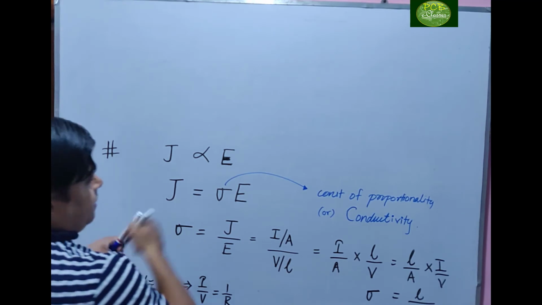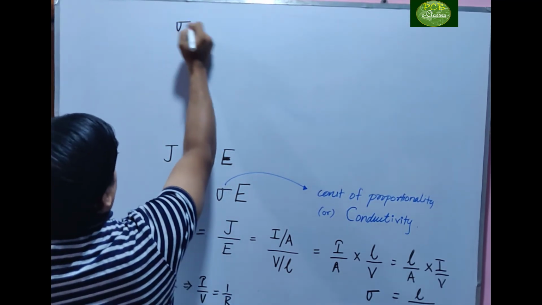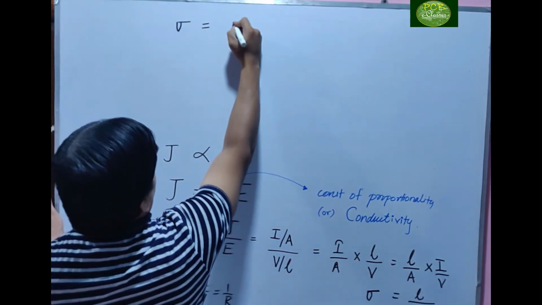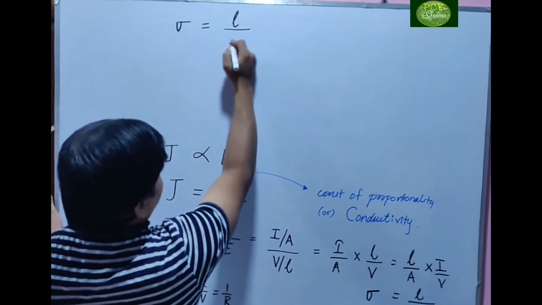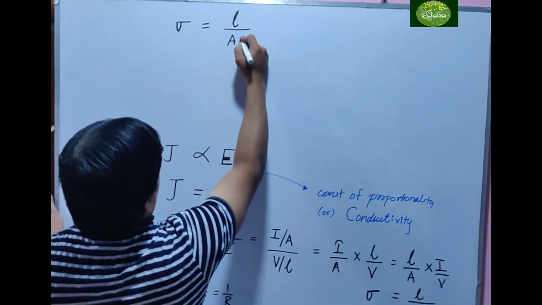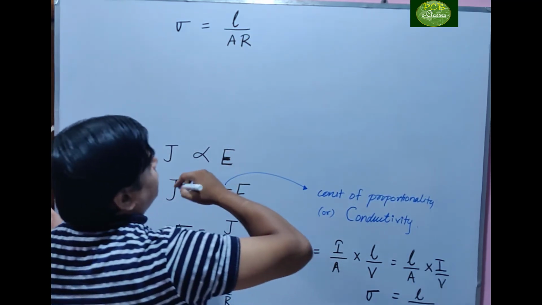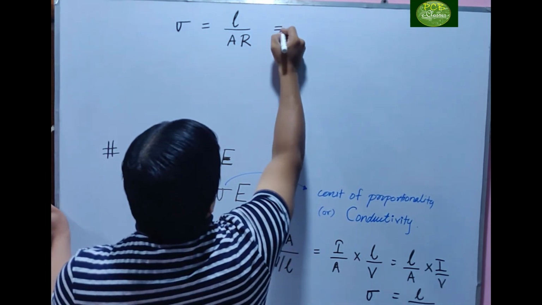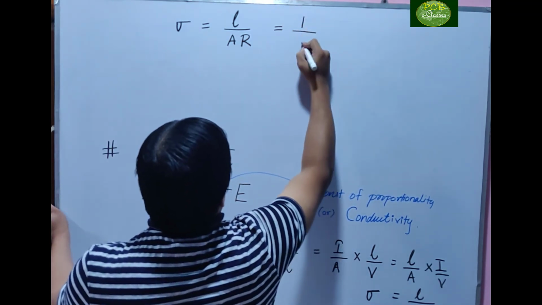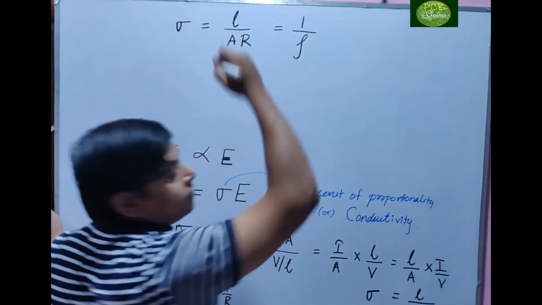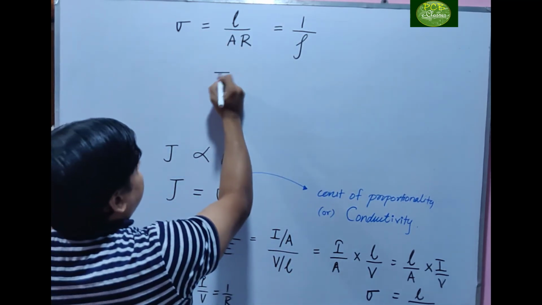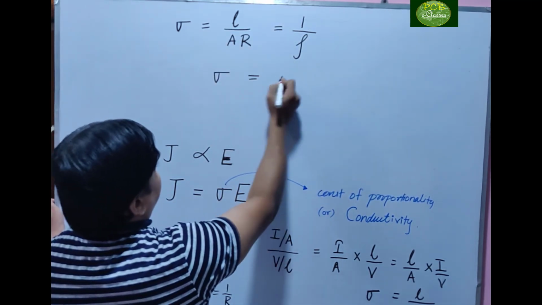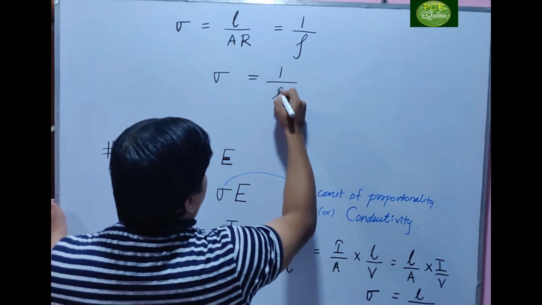Conductivity will be written as L by AR. What is this? Exactly the reciprocal of resistivity. So another relation comes here: conductivity is the reciprocal of resistivity.